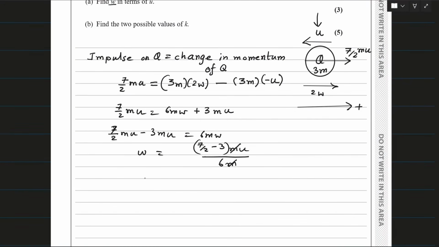So this gives us w as 1/12 u. So this is w in terms of u. This is our answer to part A.